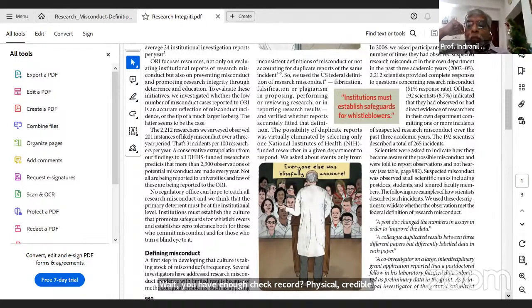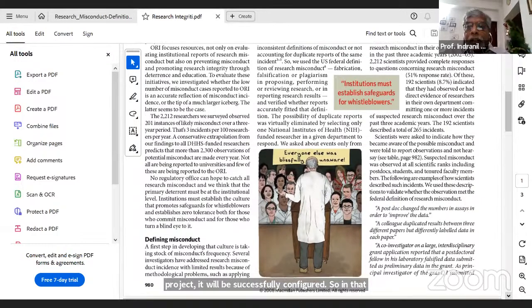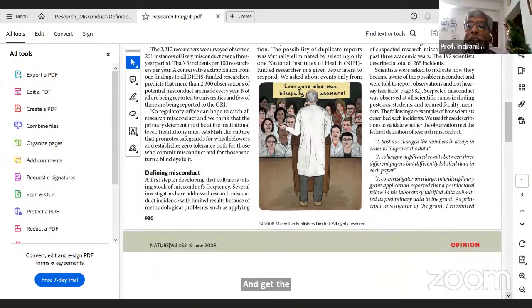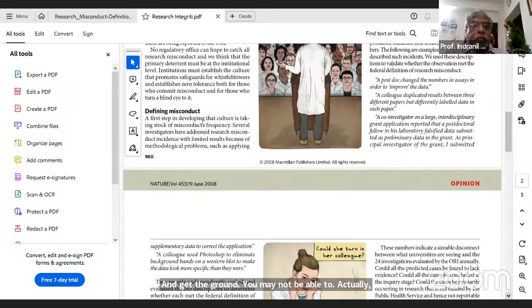And therefore, either you need to have published papers or you need to submit some initial research data which you have gathered through your efforts to the granting agency, because then the granting agency will be sure that this lady or gentleman has enough background in this particular area, so that if the granting agency awards a funded research project, it will be successfully completed. So in that sense, if you fetch the data and get the grant, you may not be able to actually successfully complete the project, which is again very wrong.